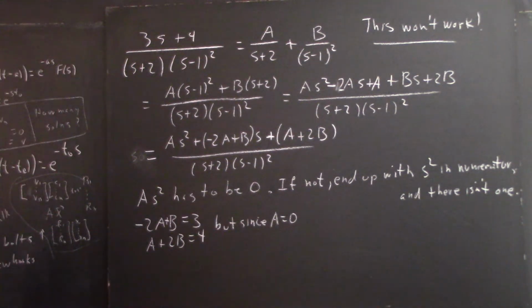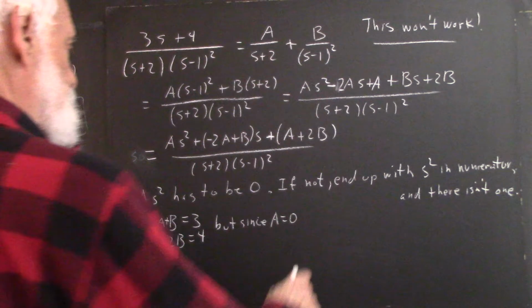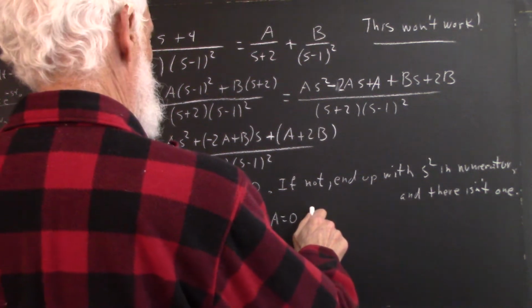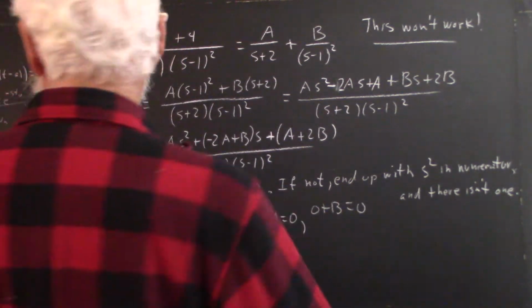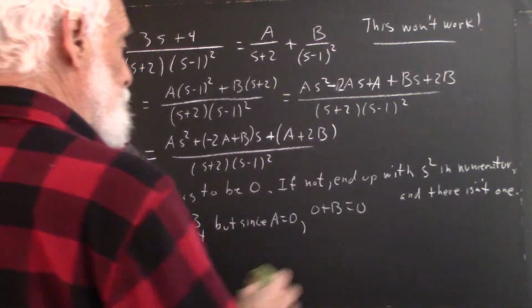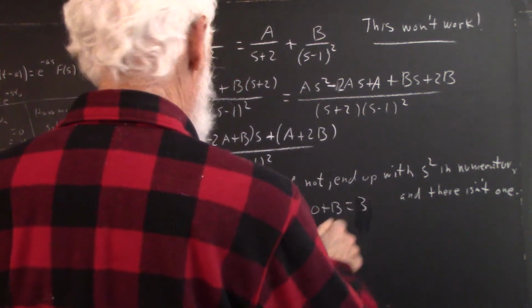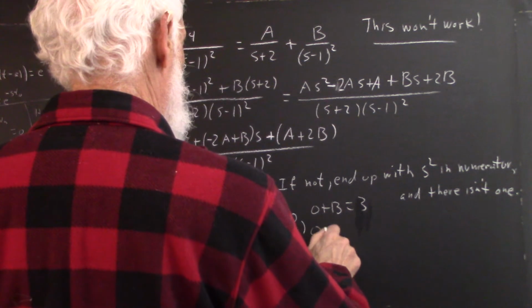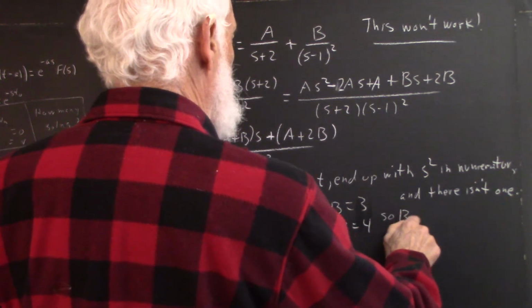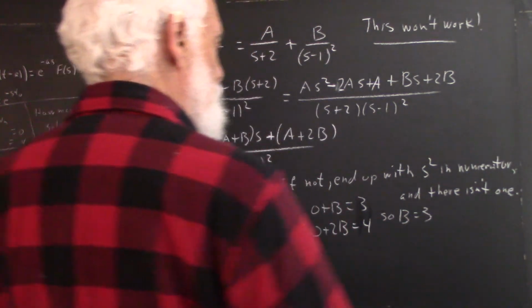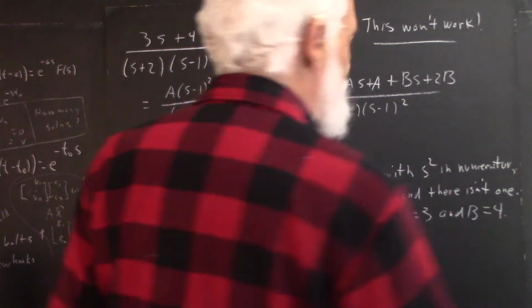But since A equals 0, zero plus B equals 3, not 0. And 0 plus 2B equals 4. So B equals 3. And B equals 4.